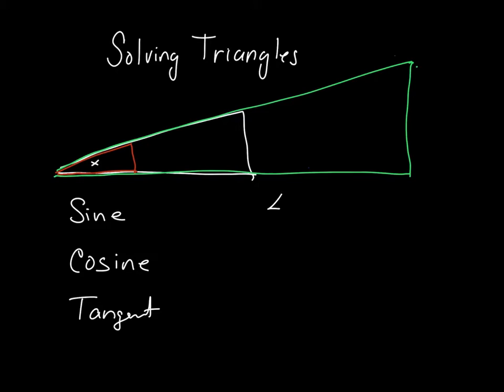If I'm going to talk about angle x, that means the measurement of this angle here. Now, inside this triangle would be considered a leg. All of these over here would also be legs of that same triangle.